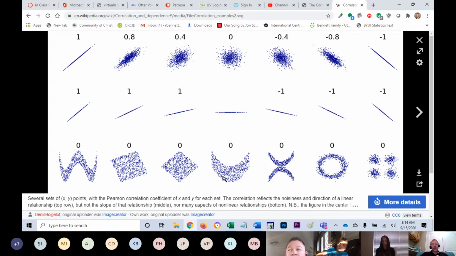Now, when we're calculating our correlation coefficient, that's why it's important to look at our pattern here and say, is there a pattern going on? In all of this bottom row's cases, you can see there are some patterns going on, but this is not a straight line, and so that's why we're getting a correlation coefficient of 0.